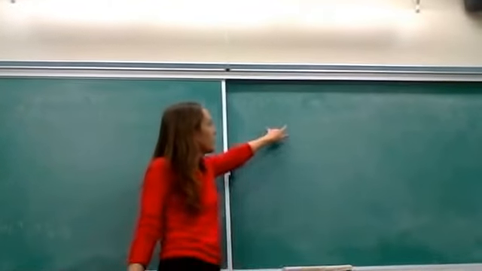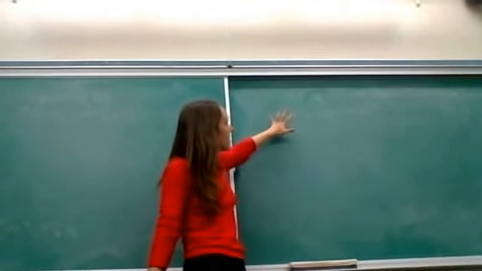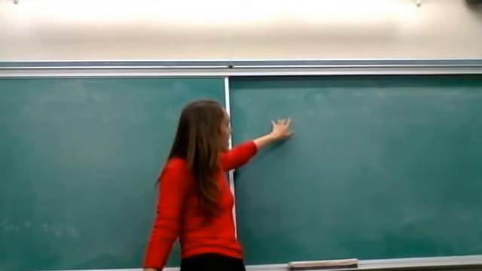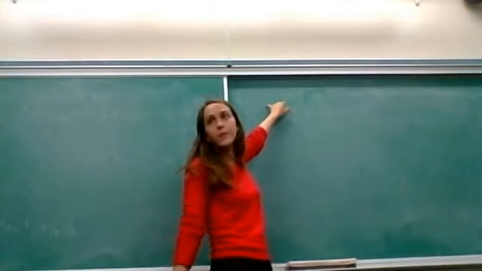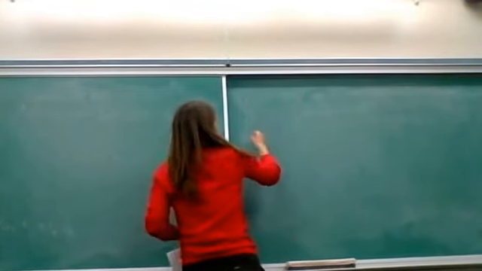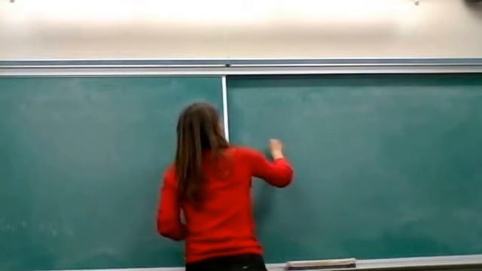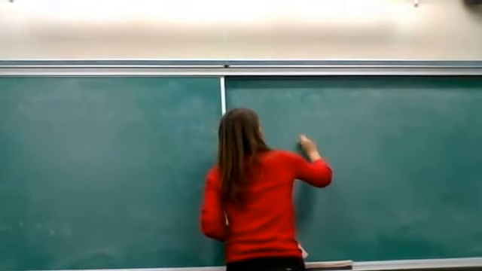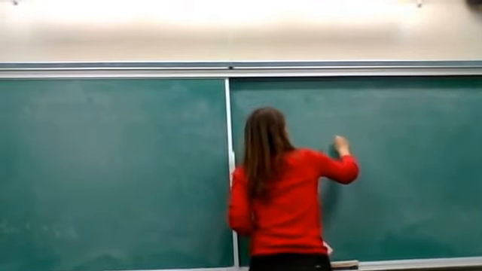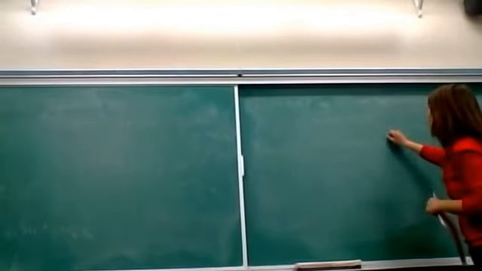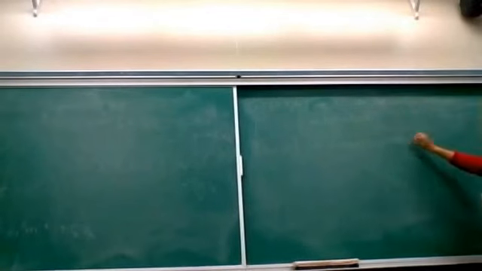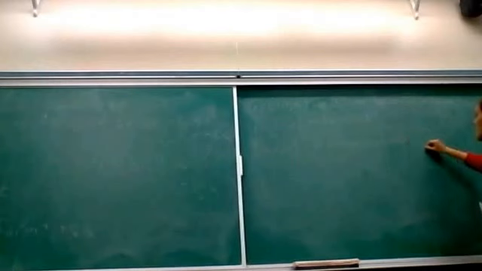Namely, this statement is the same as saying if U, V are dependent, then these three will be dependent. So the statement is if U, V, W are linearly independent, then U, V are linearly independent.